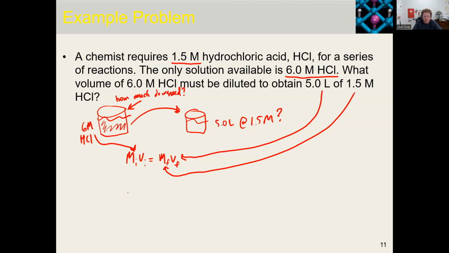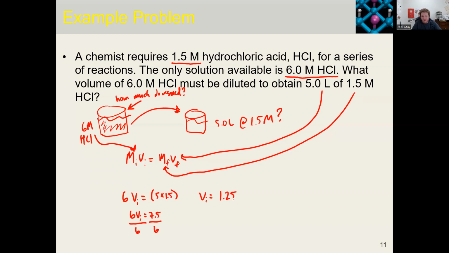And so what we're going to do is we're going to say 6 times V sub I is equal to 5 times 1.5. So 6 V sub I is equal to 7.5. Divide each side by 6. V sub I is equal to, so calculator, 7.5 divided by 6 is 1.25.